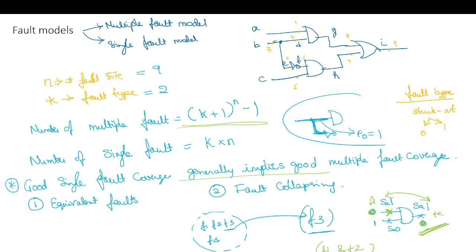Okay, this proof I don't have. This comes with the permutation and combination of multiple faults. So proof I don't have. This minus 1 is for the fault-free circuit, and how many combinations you can generate. So with that you get this number raised to the power n.